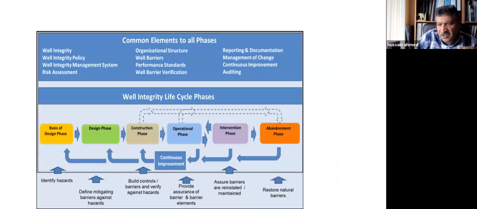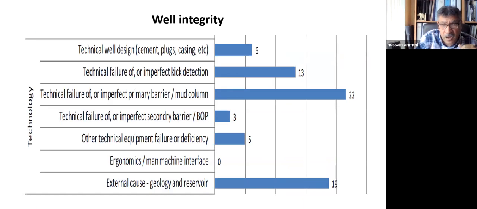And these, as you see in this slide, are factors in the well design, cement plugs, maybe kick detection as well due to abnormal pressures, or maybe the mud pressure is not high enough.